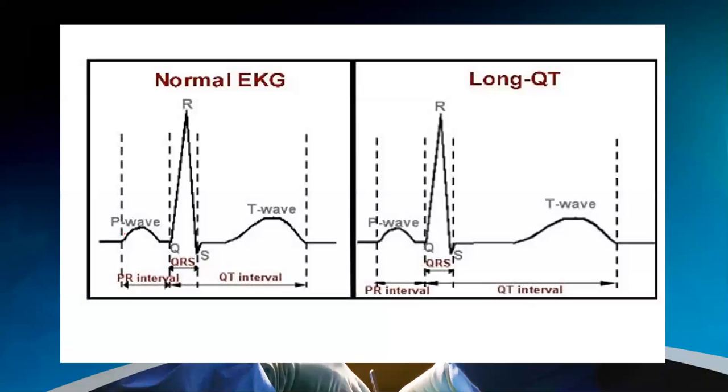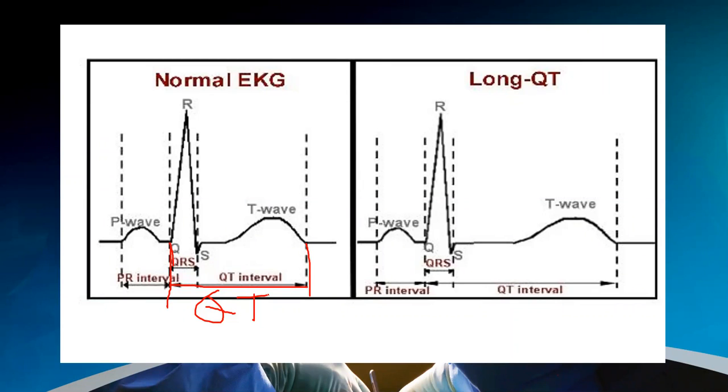In a normal ECG, this is the P wave, then the QRS complex, then the T wave. For this case, you need to know how to measure the QT interval. If you draw a line from the Q wave to the end of the T wave, this whole part is your QT interval.